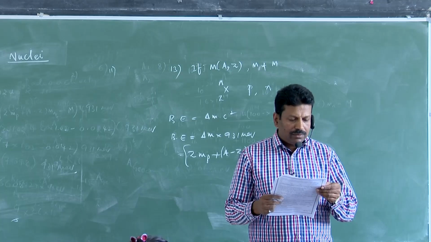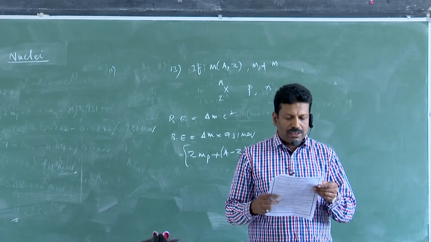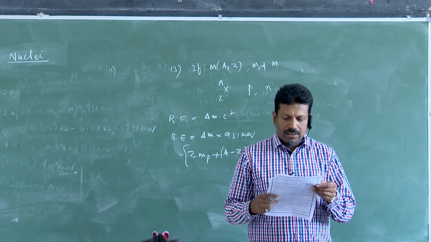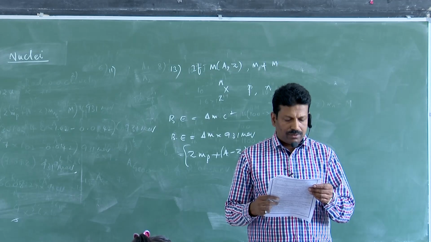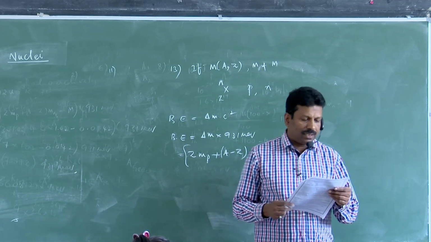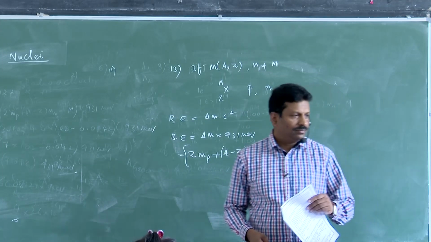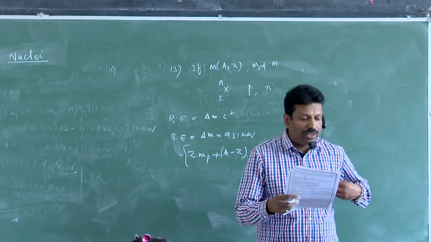So 13th one, M(A,Z), M_p and M_n denote the masses of nucleus, proton and neutron respectively. Correct, option C. Option C is correct. No, I was referring to the options of 14.